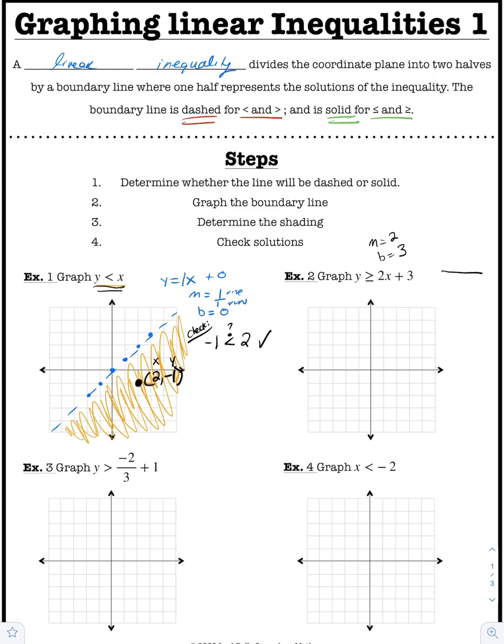So we start at our y-intercept, which is 3, and then we plot our slope. So we go up 2, right 1. Or we start at our y-intercept and go the opposite direction, down 2 and left 1. And we plot our points. Again, we said this was going to be a solid line. So here we go.